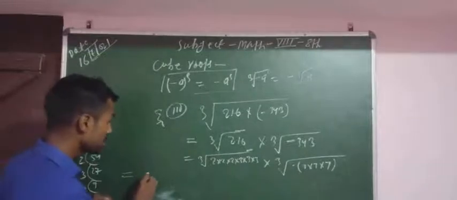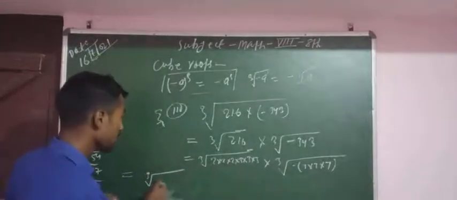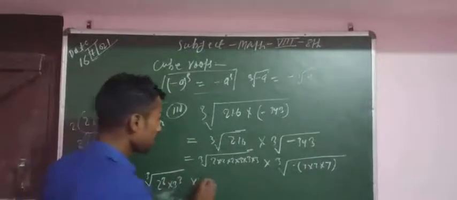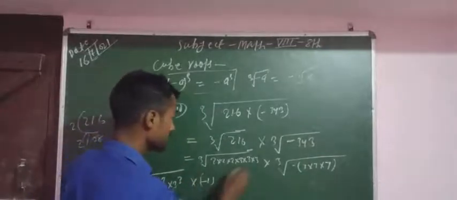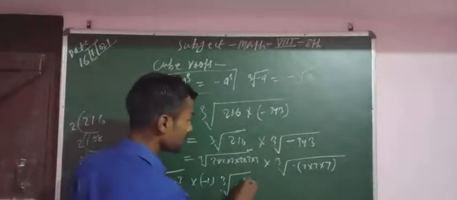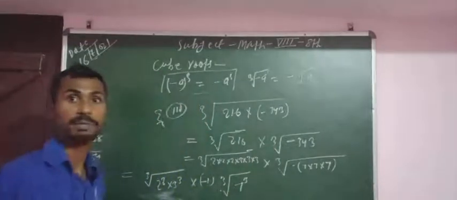So that means cube root of 2 to the power 3 and 3 to the power 3 into minus 7 to the power 3.